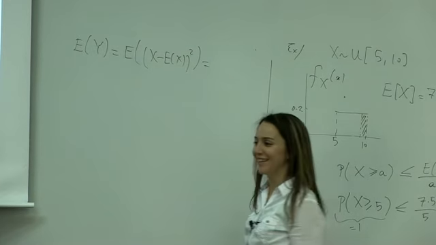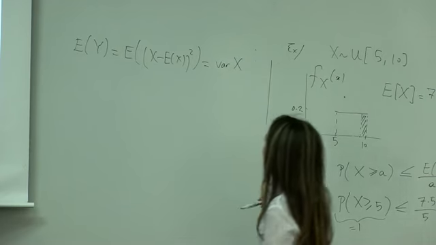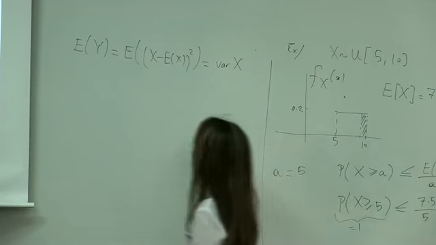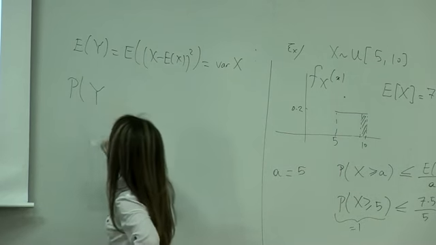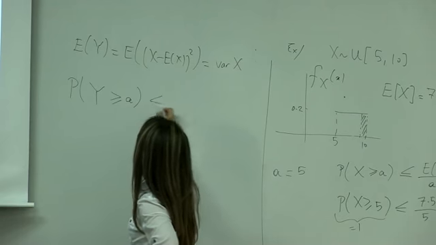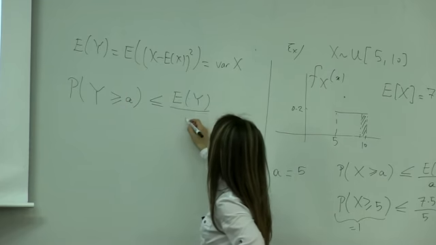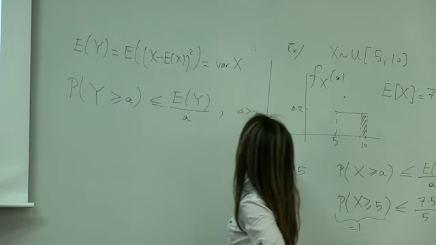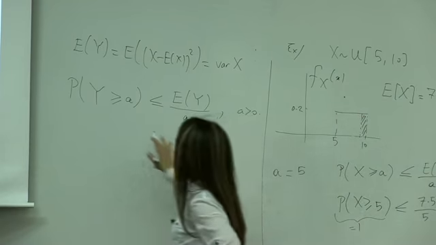Right? What is this? This is the variance of x. Okay, so let's apply Markov's inequality. The probability that y is bigger than or equal to a is less than or equal to the expected value of y over a for any positive scalar a.